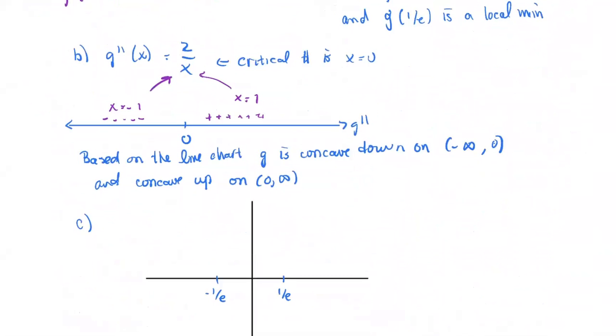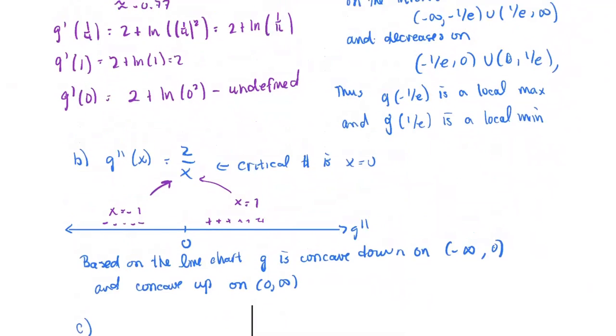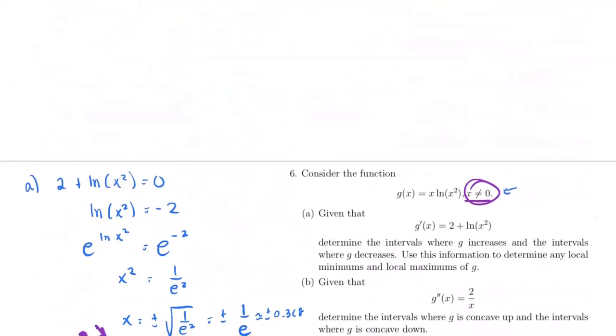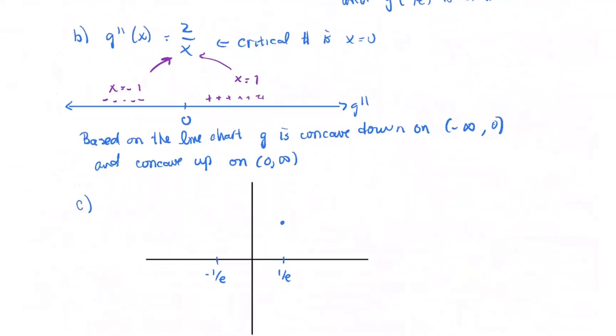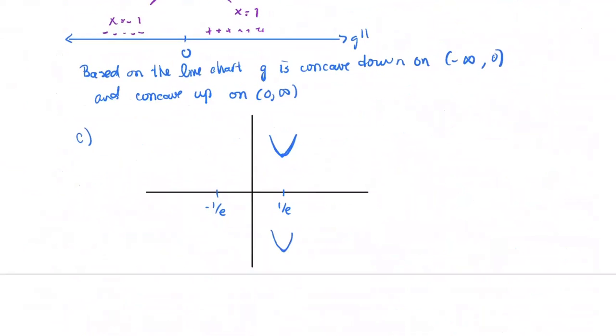I know one of them is a local max, and one is a local min, and it's concave up. So I don't know if it's over here, or over here, or where.